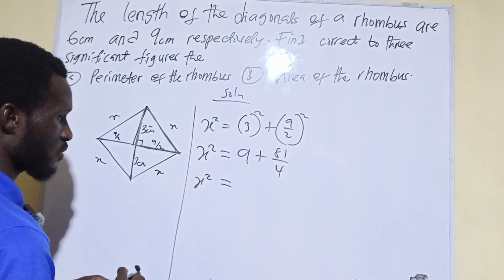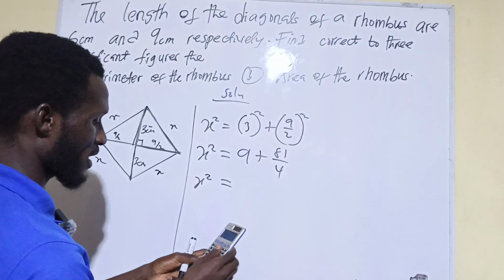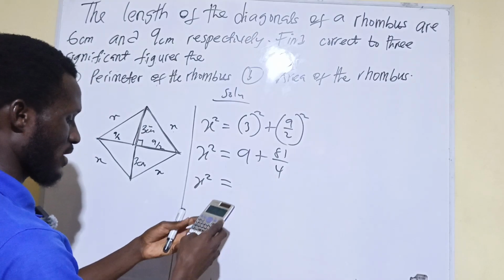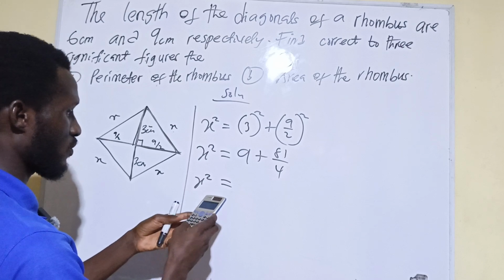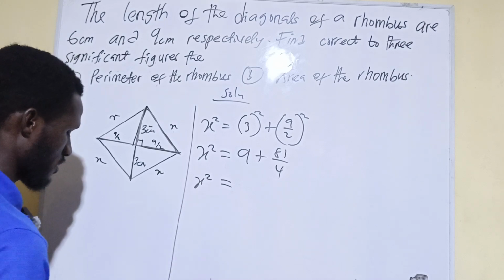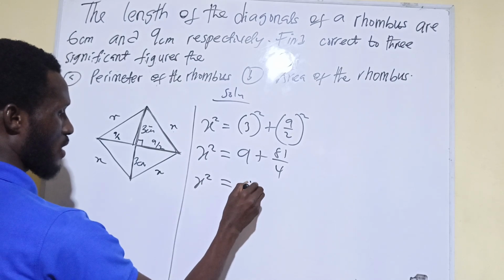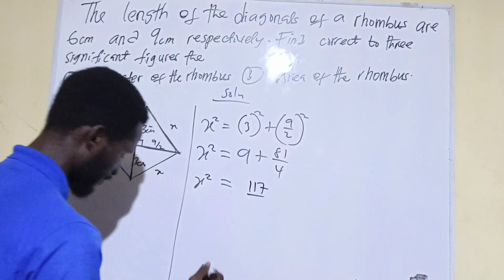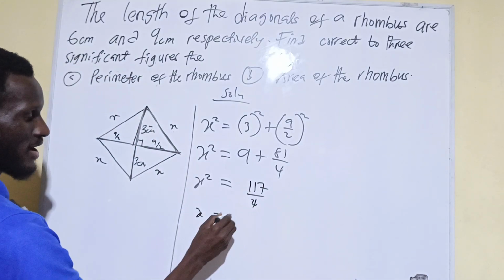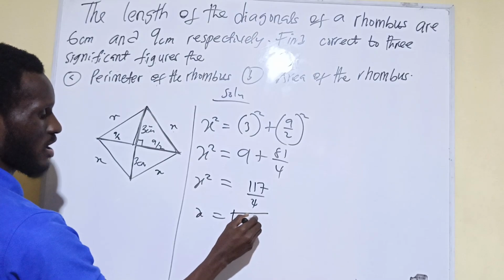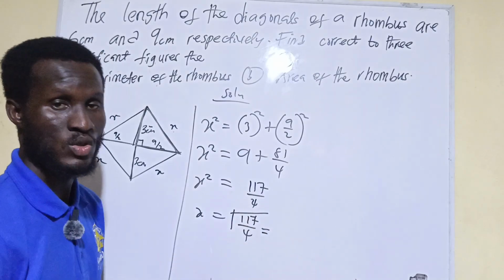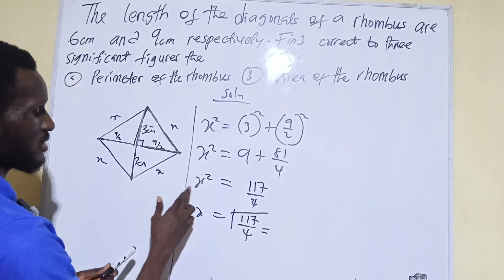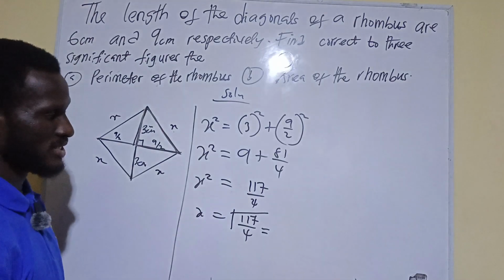Now you can punch this into the calculator. We have 9 plus 81 over 4. This gives us 117 over 4. Now we find the square root of 117 over 4. Don't forget, we can't introduce plus or minus because the side is supposed to be positive.